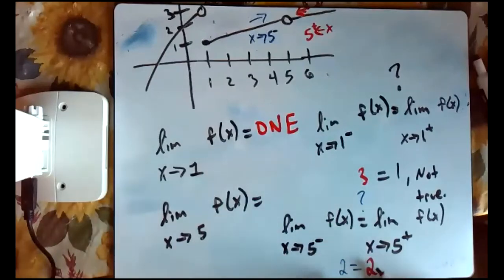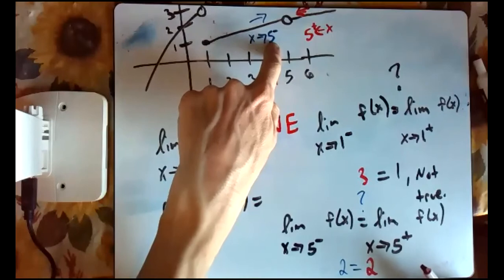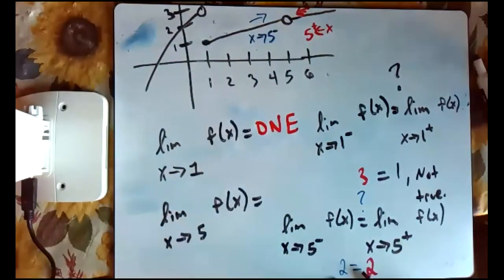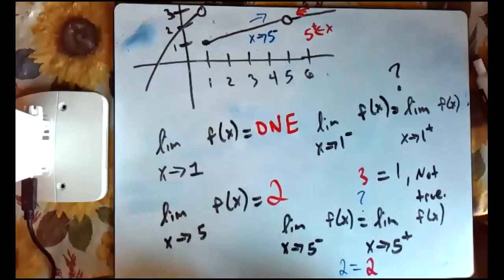So since the limit as x approaches 5 from the left is equal to the limit as x approaches 5 from the right, they're both the same values, we could say, yes, the limit does exist in this case, and it is 2.